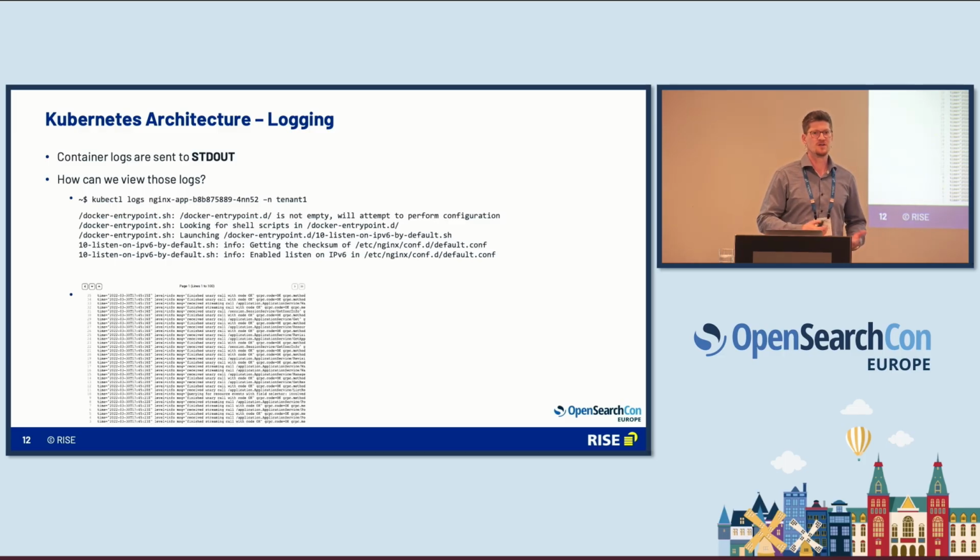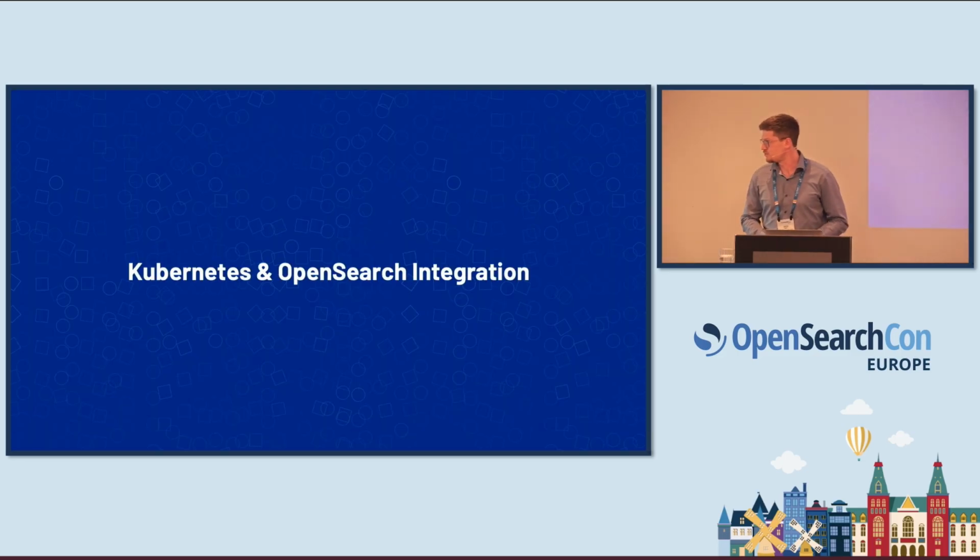But of course, you don't want to do it this way. You want to have centralized storage with OpenSearch. And this is where I pass over to Maximilian, who will tell you more about how we integrate Kubernetes and OpenSearch. Thank you, David. So now let's have a look at how we can connect Kubernetes and OpenSearch.